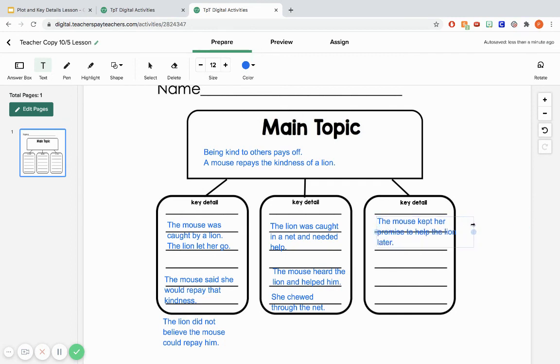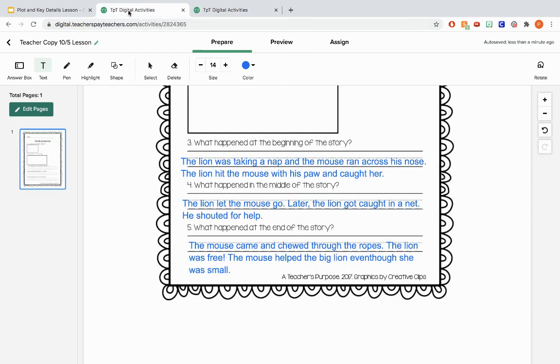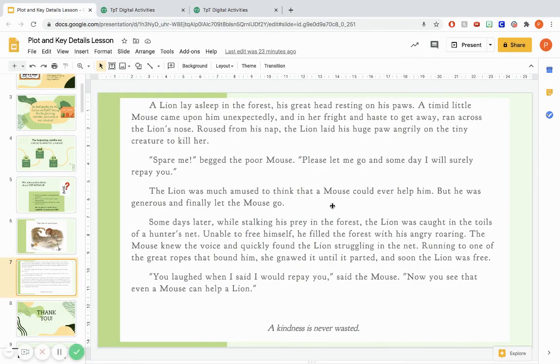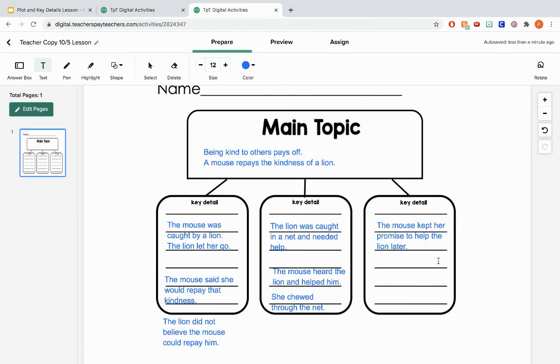That's a very important part of this story because it helps us understand this topic or idea that the author wants to teach us. That the mouse is repaying the kindness and that being kind to others can help us out later on. Okay, so I think that's enough details for us of this story.